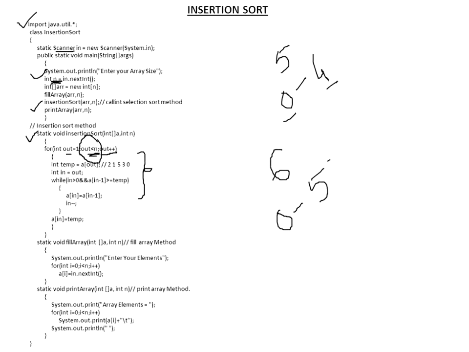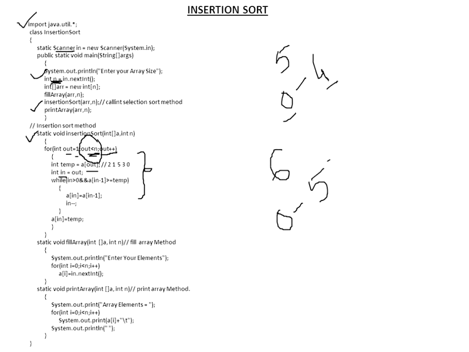Now we have 10 is equal to A[out]. Now what is the value of out? It is 1. So A[1] refers to the second element. And then we have another variable called in, which is equal to out.